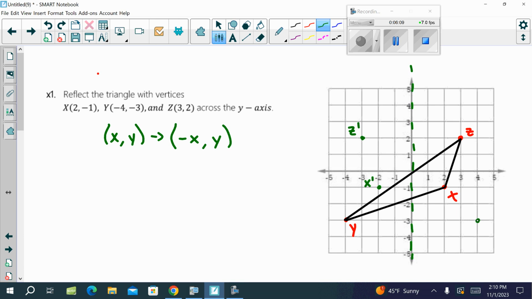So we're going to go 4 away on the other side. Once again, I would like clean lines. So, kind of looks like a butterfly. Any questions there?